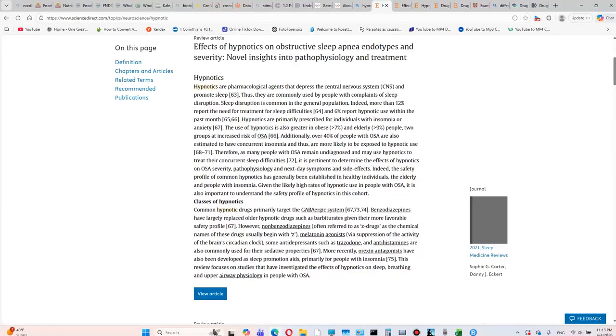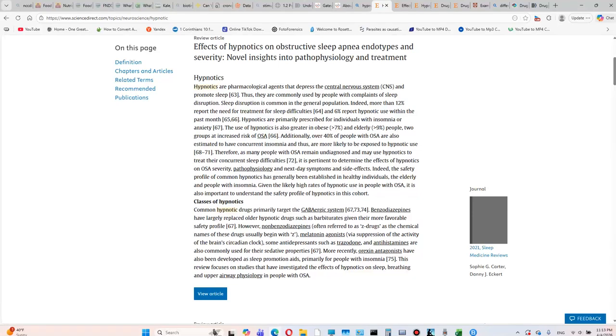Sleep disruption is common in the general population. Indeed, more than 12% report the need for treatment for sleep difficulties, footnote 64, and 6% report hypnotic use within the past month, footnotes 65 and 66.